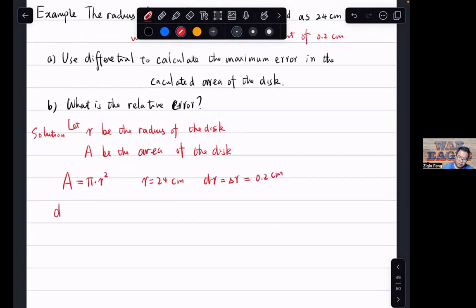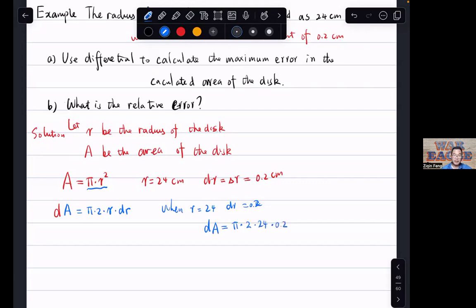By our definition of differential, we know that dA here is pi times 2 times R times dr. The derivative of this is pi times 2R, and so that's our dA. So when R is 24, dr is 0.2, dA, the differential A, which is the possible error for A, is pi times 2 times 24 times 0.2.